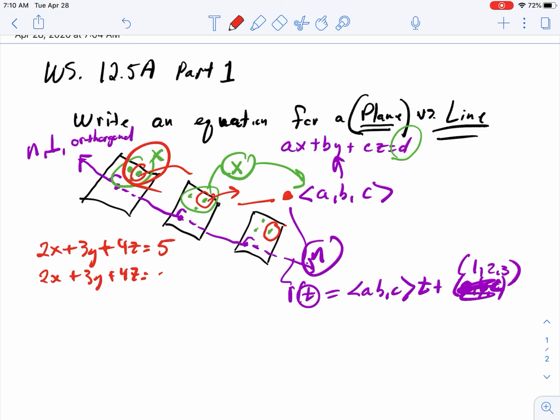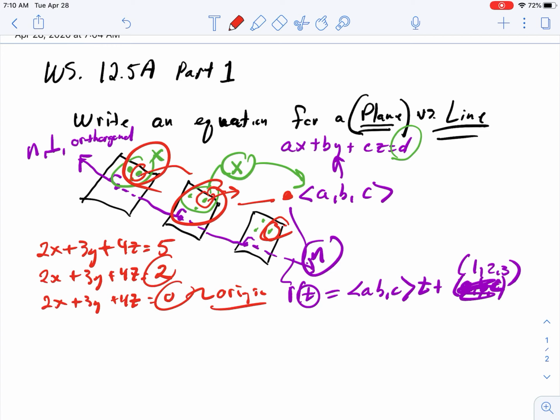Or 2x plus 3y plus 4z equals negative 2, that might be this one. 2x plus 3y plus 4z equals 0.